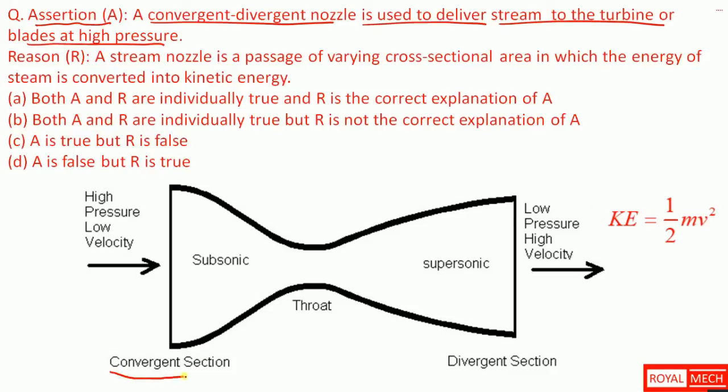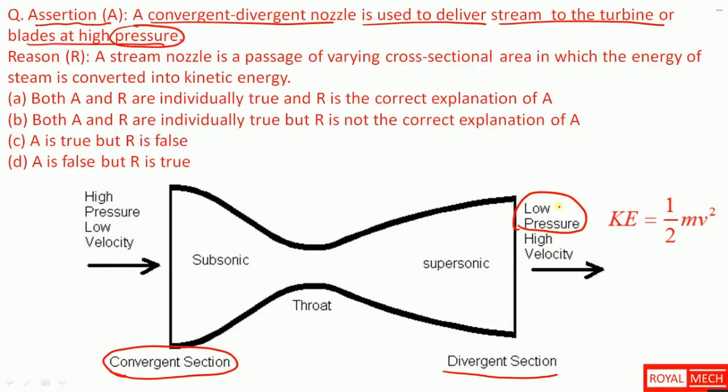Here this is the convergent section where it is converged, and this is the divergent section where it has diverged. And the question assertion is convergent divergent nozzle is used to deliver the steam to the turbine or blades at high pressure, but it is not used to deliver the steam at high pressure.